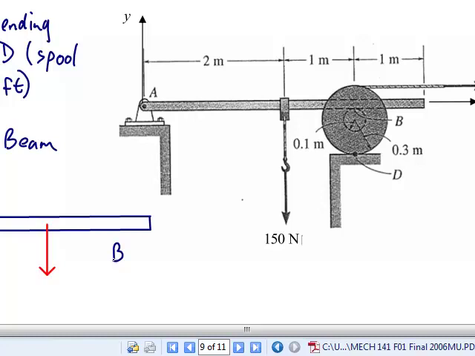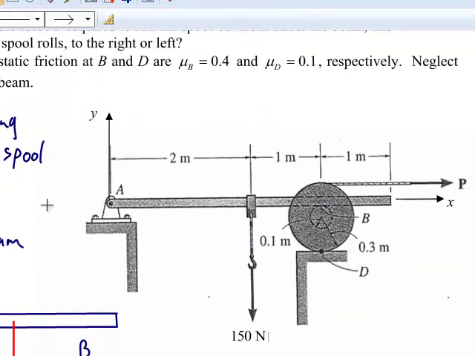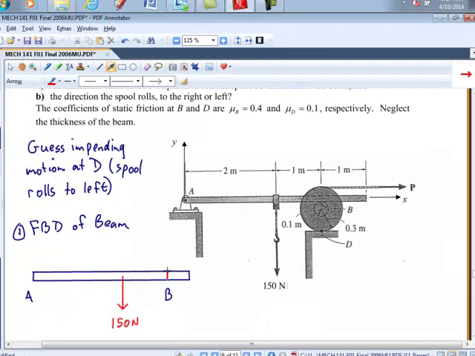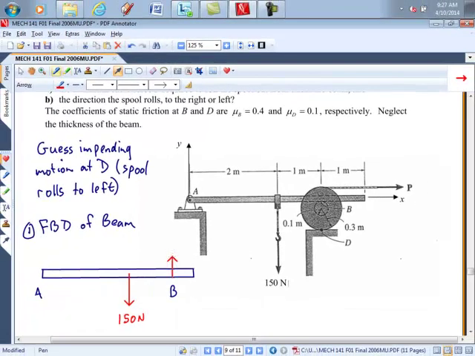What forces do I need to add? Okay, so the normal force from the spool on the beam, so we can call that NB. Reaction forces at A, so that'd be Ax and Ay.